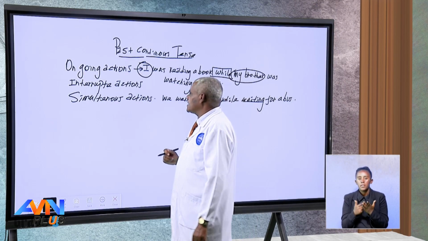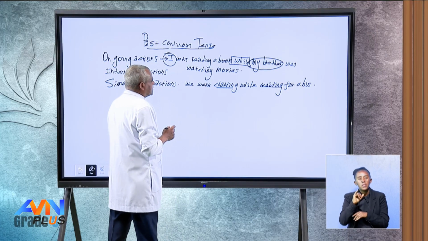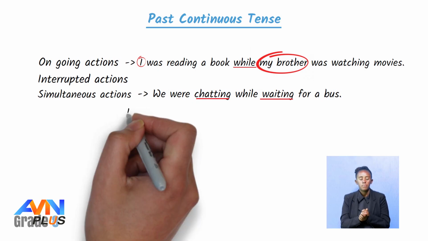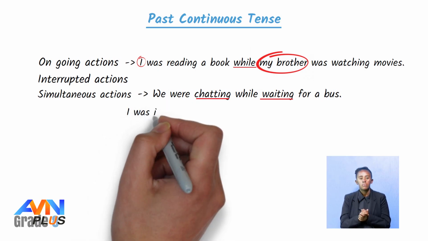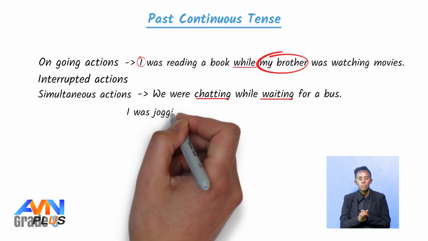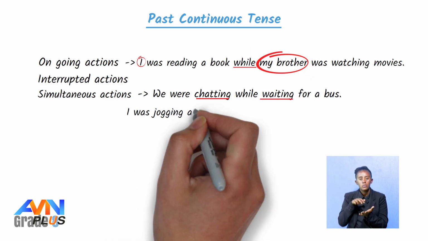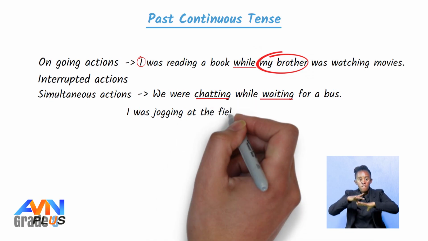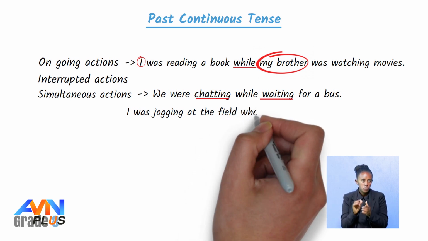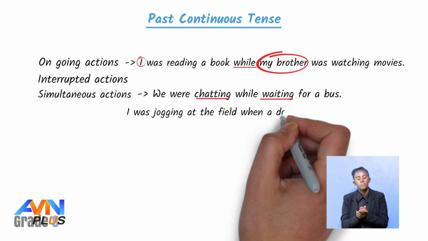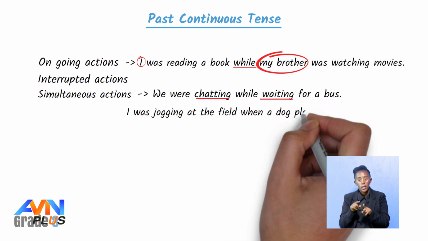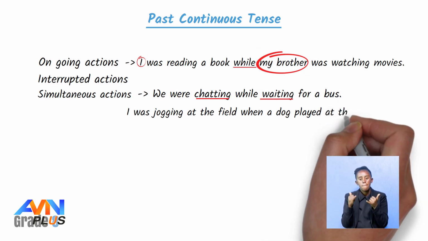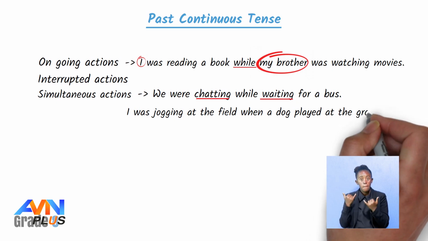Let me give you this. This is interrupted actions. Interrupted action, what do you mean by that? I was jogging at the field when a dog played at the ground.